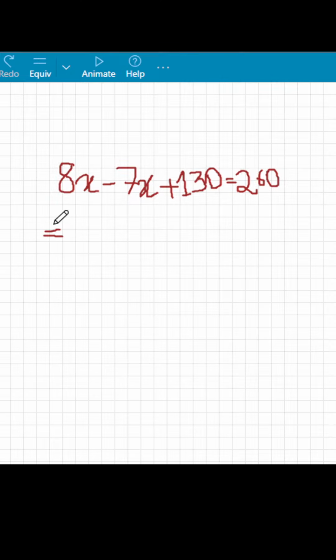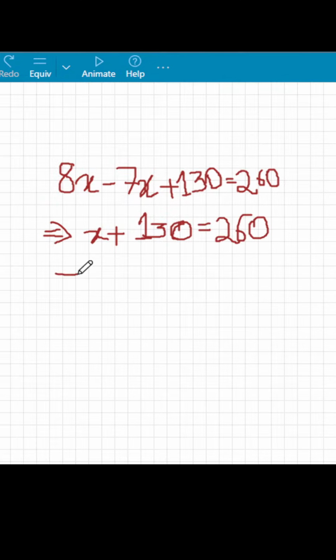So we'll just simplify the terms. 8x minus 7x, that is x, and this will be x plus 130 is equal to 260, and this gives us x as 130.